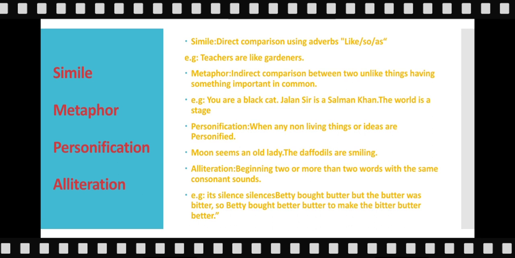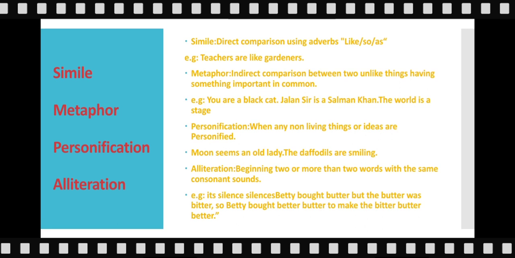Next is metaphor. Metaphor is also a comparison, but that is indirect comparison between two unlike things having something important in common. So we can say that there are some characteristics, some adjectives which are common in both of the things, but those things should not be alike. Okay, those things are two unlike things. For example, you are a black cat.